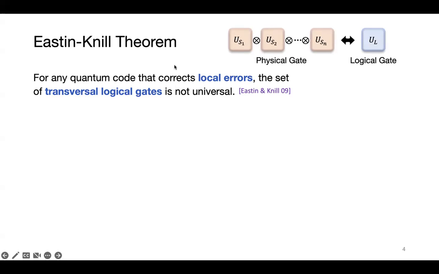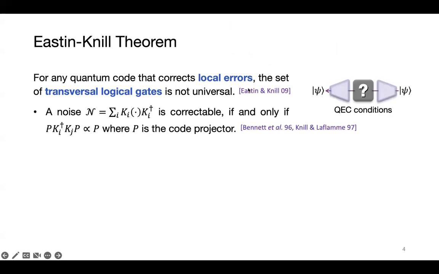In order to prove the Eastin-Knill theorem, we first know that there's this quantum error correction condition, which tells us, given an error correcting code, which type of noise can be corrected. It states that if P is the projector onto the code subspace, then Ki dagger Kj has to act trivially in the code subspace.